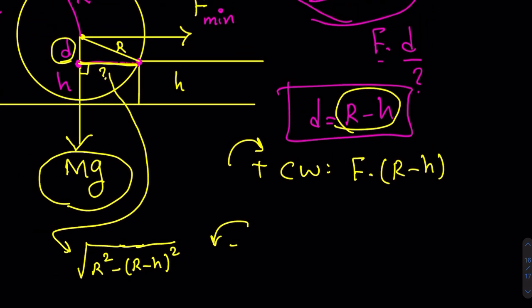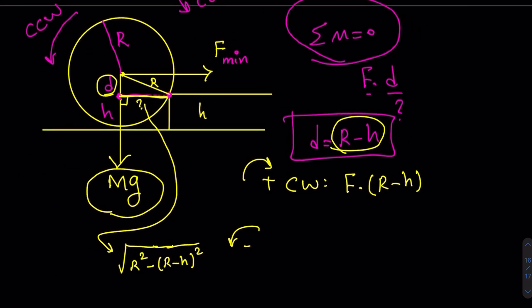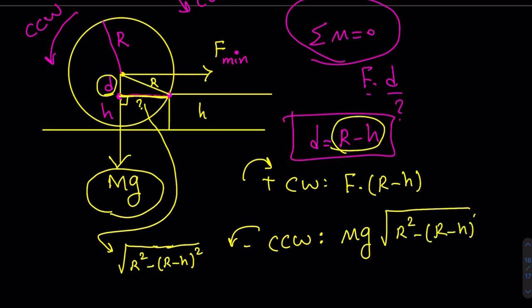So I just substitute it here in the formula. So the counterclockwise torque will be equal to mg times the square root of R squared minus (R minus h) to the power of 2.